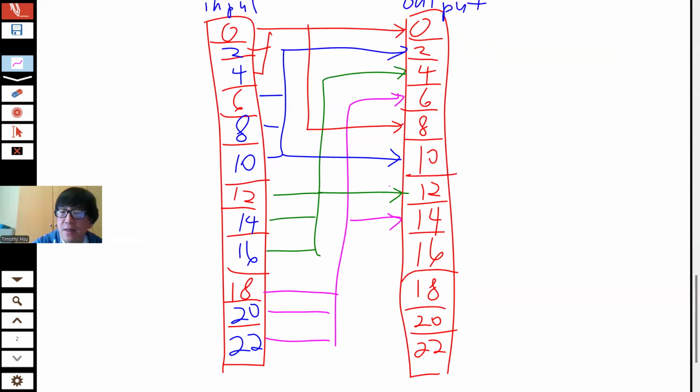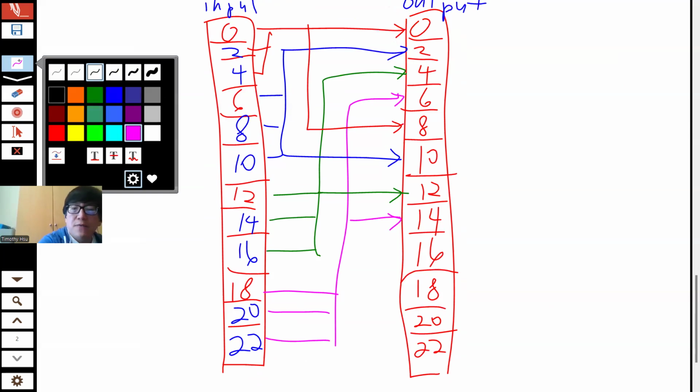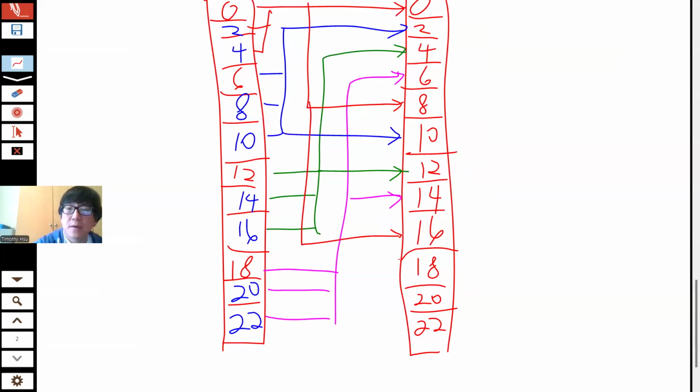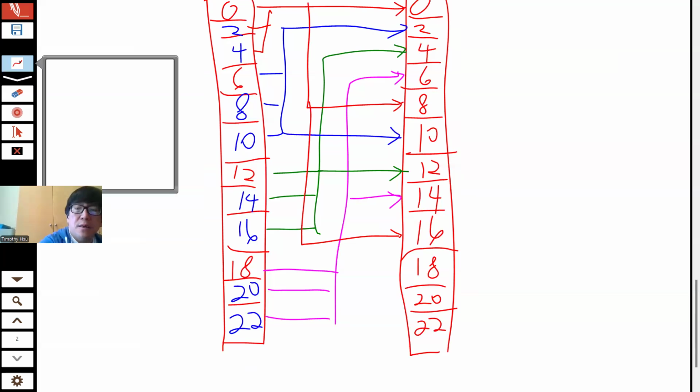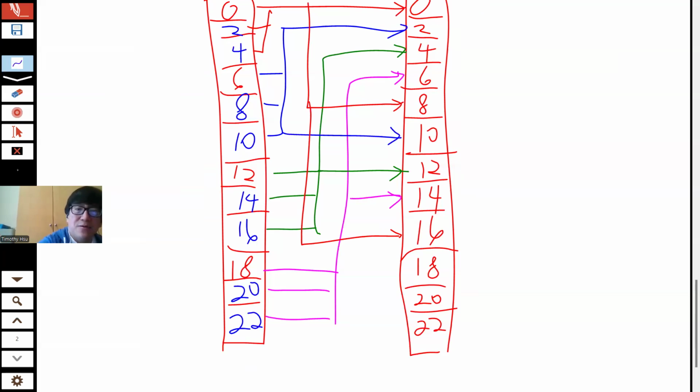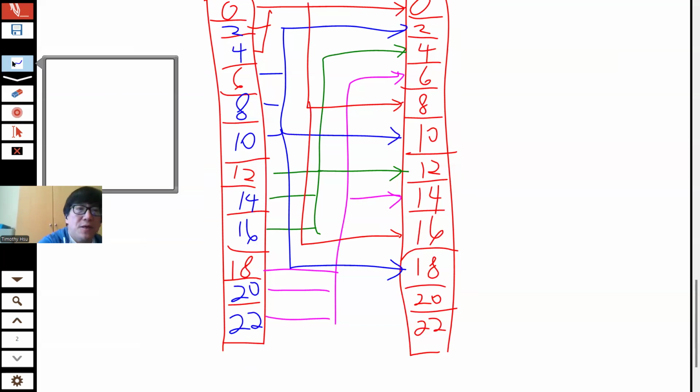Okay. And now for the last four outputs, 0, 2, 4 goes to 16. 2, 4, 6, 8, 10 goes to 18, or it will once I get this drawn. 12, 14, 16 goes to 20.